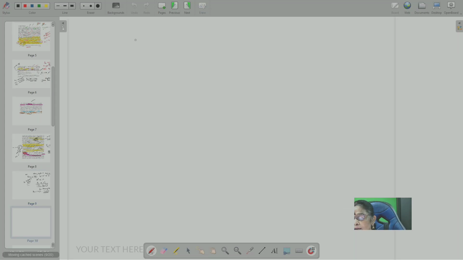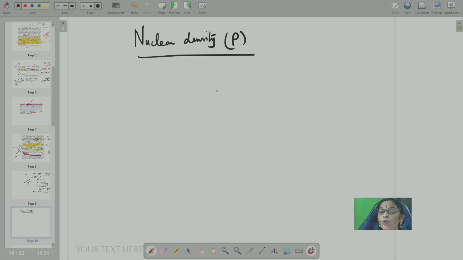So now let us see the nuclear density. This is also a very, very important topic. Nuclear density. So we know that nuclear density is nothing but rho. Inside the nucleus, what is there?